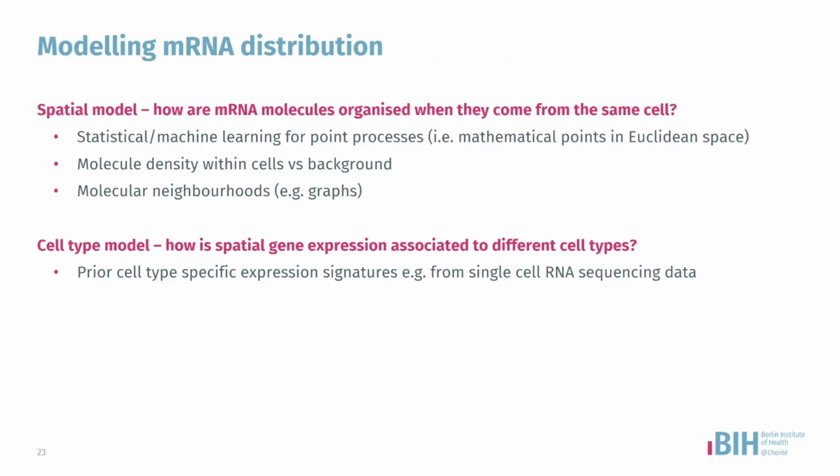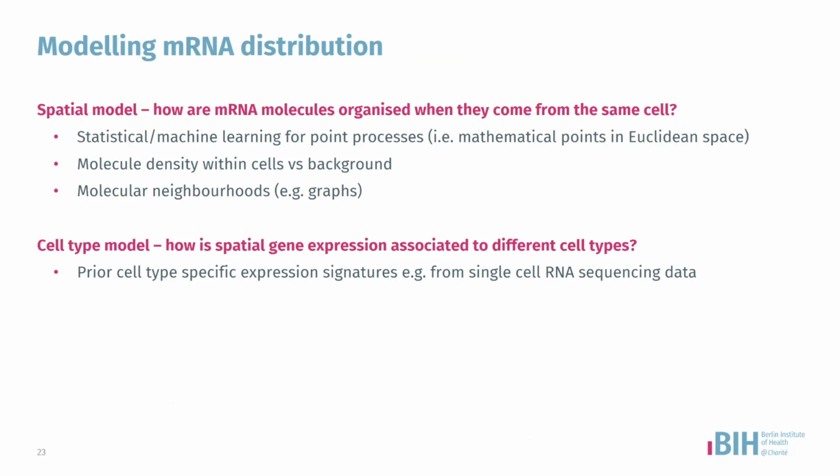To go into a bit more detail, whenever you are trying to model mRNA distribution, some things that would need to be considered would be what kind of model you would have for this kind of point process data, with point process data being essentially mathematical points that are identified in Euclidean space.